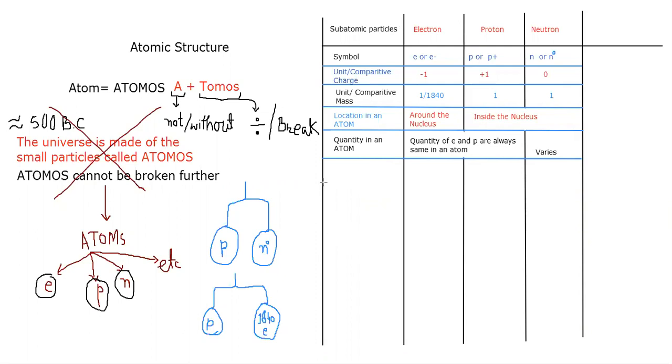But when you talk about quantity in an ion, we talk about the quantity of these particles in an ion. The quantity in an ion differs.